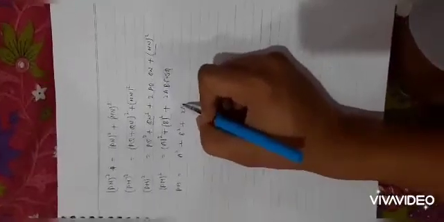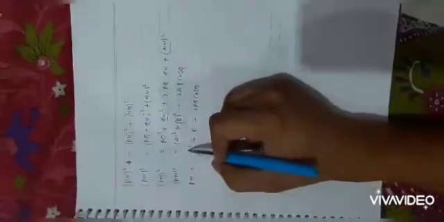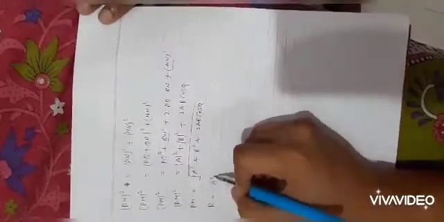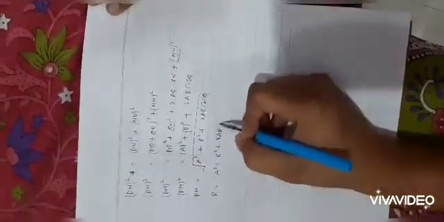R equals under root of A square plus B square plus 2AB cos theta. That is basically their resultant, R.